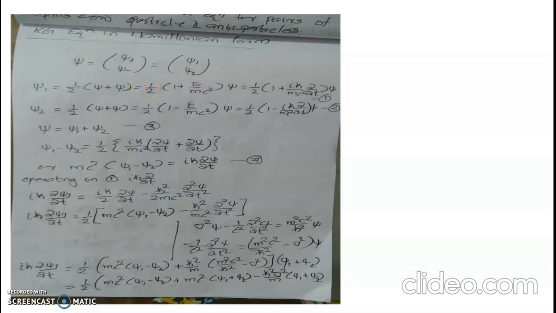Now we will solve a Hamiltonian form for the Klein-Gordon equation. We have seen that for the Klein-Gordon equation there can be two different solutions, corresponding to positive energy and negative energy, or corresponding to positive charge density and negative charge density.